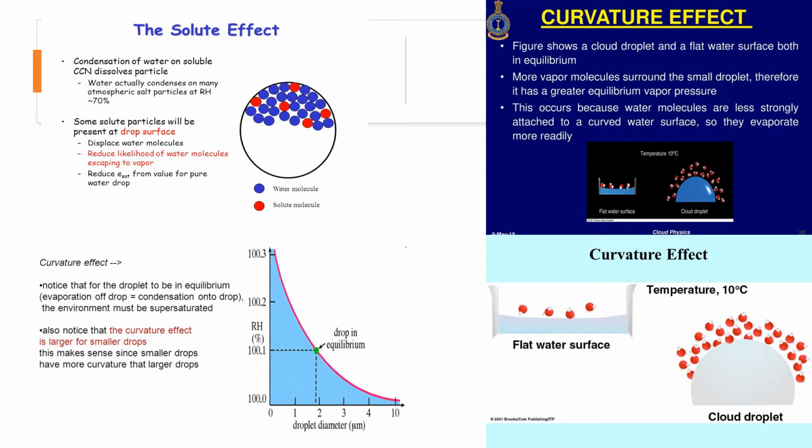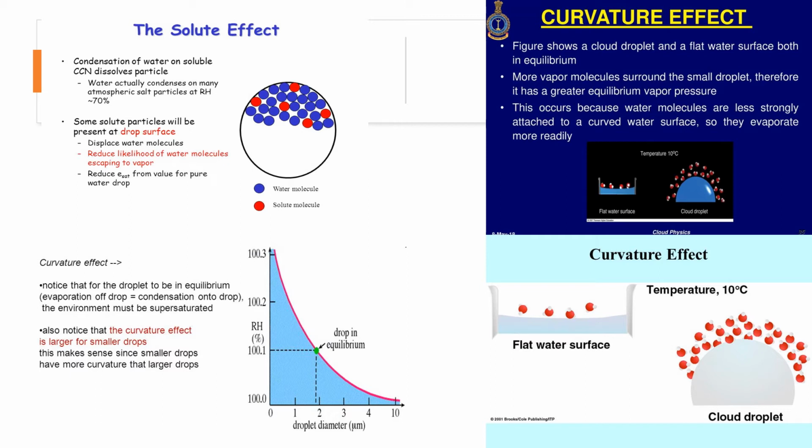So when we say that in the ocean or a lake the water is saturated, in an equilibrium situation, at the same temperature this tiny water droplet would be somewhat unsaturated. That's the main point here. To keep tiny cloud droplets in equilibrium with the surrounding air, the air must be supersaturated. So the relative humidity must be greater than 100%.